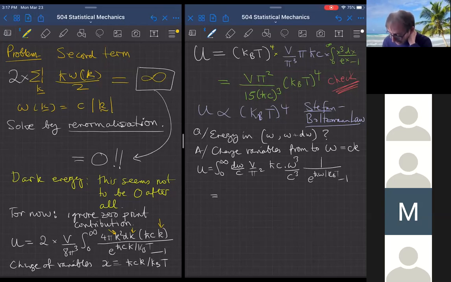And I'm going to write that as, obviously the energy is going to depend on how big the system is, so it's going to be proportional to the volume, and then there's going to be an integral over all frequencies of some quantity, which I'll call u omega, the spectral energy density.